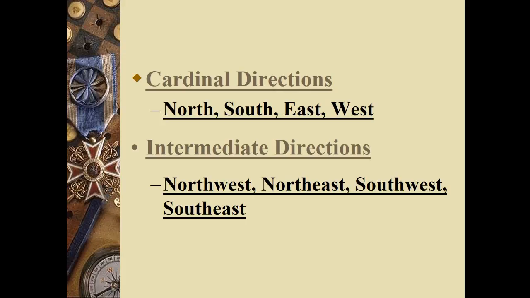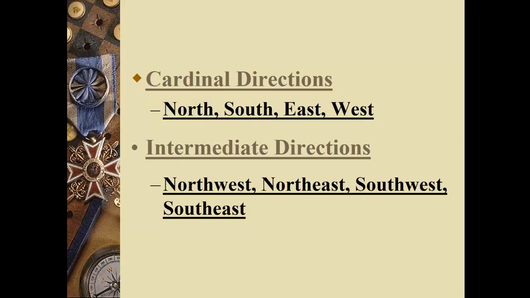Intermediate is 5th and 6th grade. So I asked them how many of you have been to intermediate school, and if they've been in the district, they've been to an intermediate school. Then I ask what grades intermediate is, and they tell me 5th and 6th, and I'm like, okay, so it's kind of in between elementary and middle school, right? They're like, yeah. So then I'm like, okay, intermediate's in between.